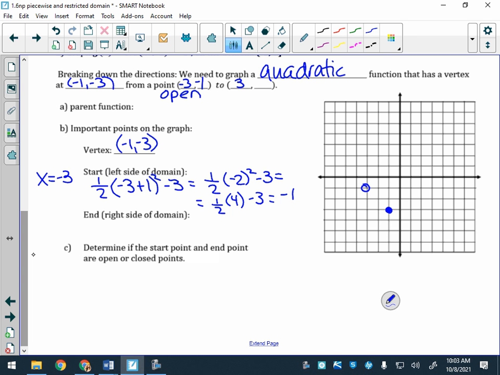Okay. So we're going to substitute in x equals 3, if you haven't done so already. Oops, that's not 3.